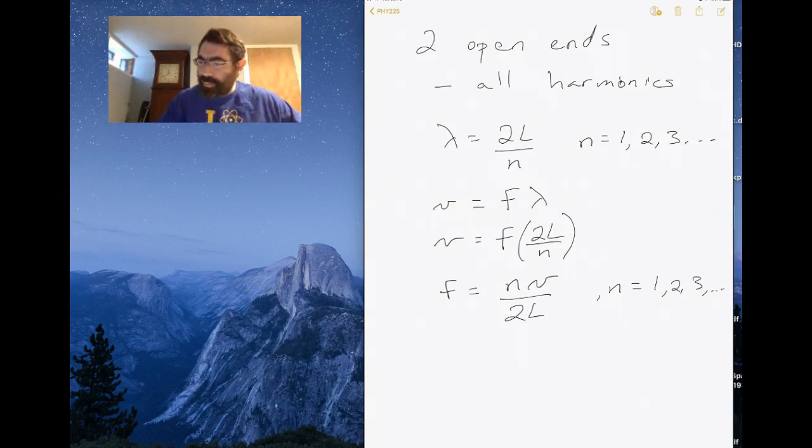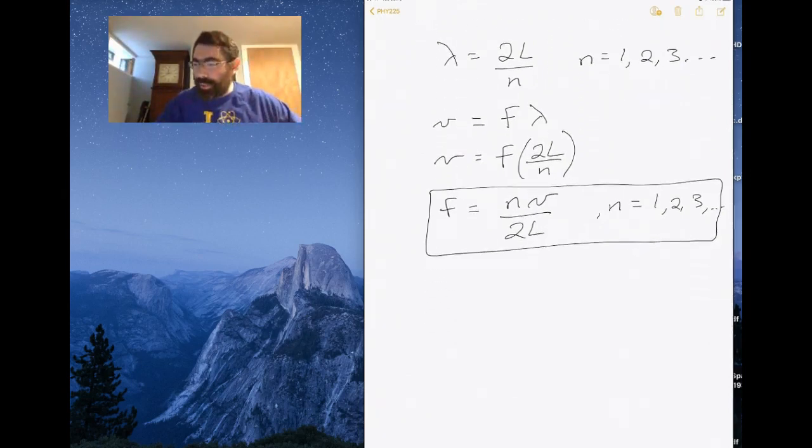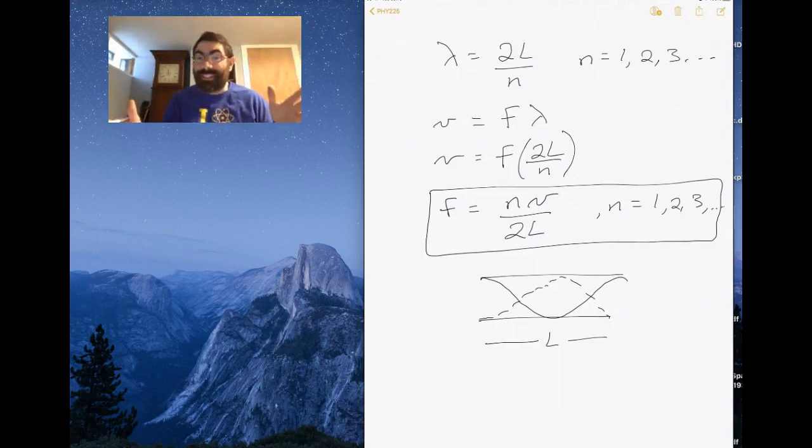So for the 2-ended open pipe, you can figure out what frequencies are available from the length of the pipe. You have to be able to fit the wavelength inside of that pipe. So if you're designing a musical instrument, like a trombone, then you have to figure out the total length of the pipe, and then you can adjust the length to get whatever wavelength you want inside that pipe.